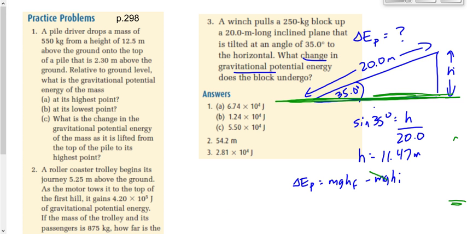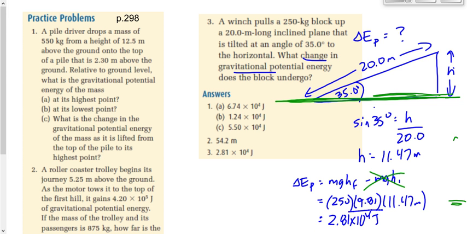And if that's the case, m times g times 0 is 0. My final height would be 11.47. My mass is 250 times 9.81 times my final height of 11.47 meters. And I'm pretty sure when we do that, we end up getting 2.81 times 10 to the 4. Good?